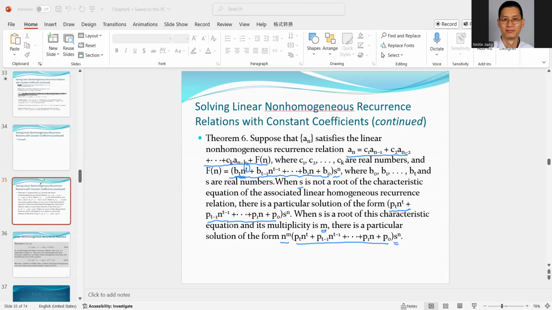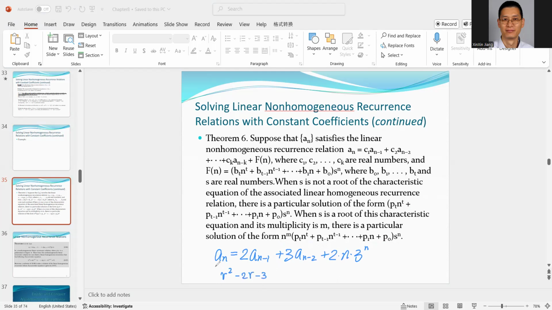So let's look at our recurrence relation. A sub n equals 2 times a sub n minus 1 plus 3 times a sub n minus 2 plus 2 times n times 3 to the n. So we know the characteristic equation for the homogeneous part is r squared minus 2r minus 3.